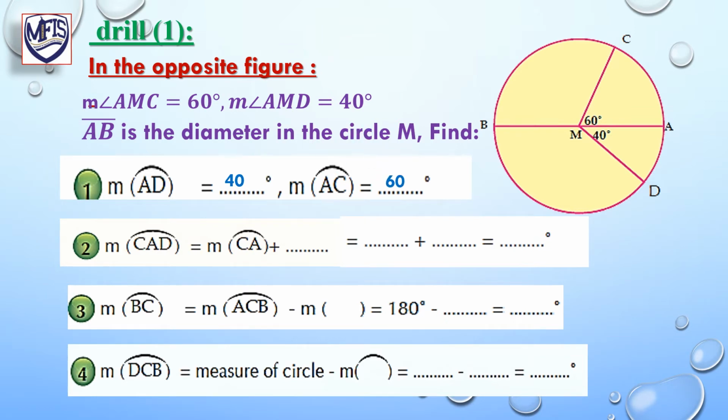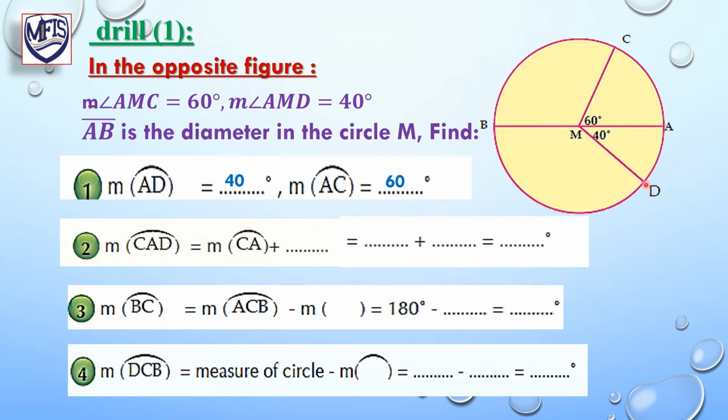Now measure arc CAD. This arc consists of two arcs. That means measure arc CAD equals measure arc CA plus measure arc AD.